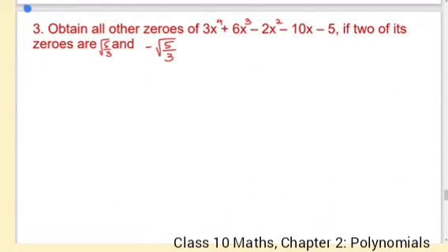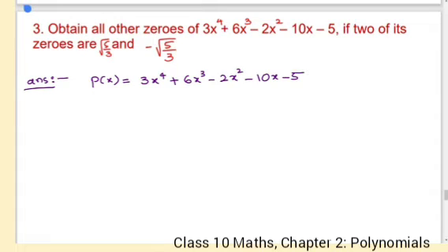Third question, obtain all other zeros of 3x raised to 4 plus 6x raised to 3 minus 2x square minus 10x minus 5 if two of its zeros are square root of 5 by 3 and minus square root of 5 by 3. Write down p of x.